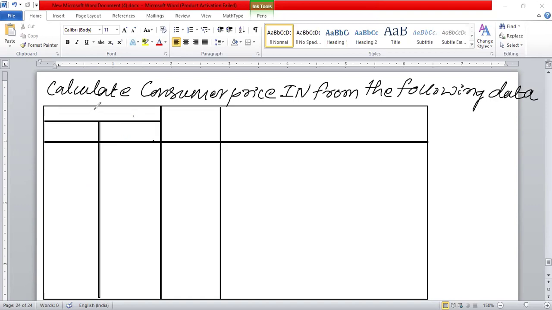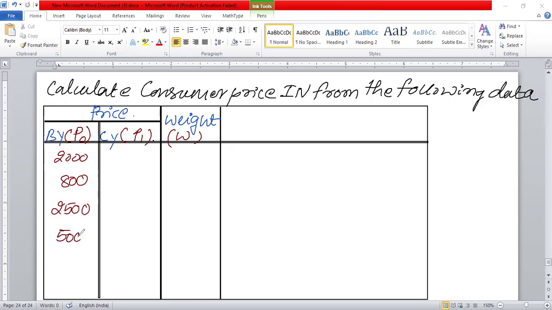Now ready? So here there is a price. So base year, current year, then weight they given. So this is W, this is P1, and this is P0. Correct? Okay. So let me write the data. 2,000, 2,500, 500, 800.